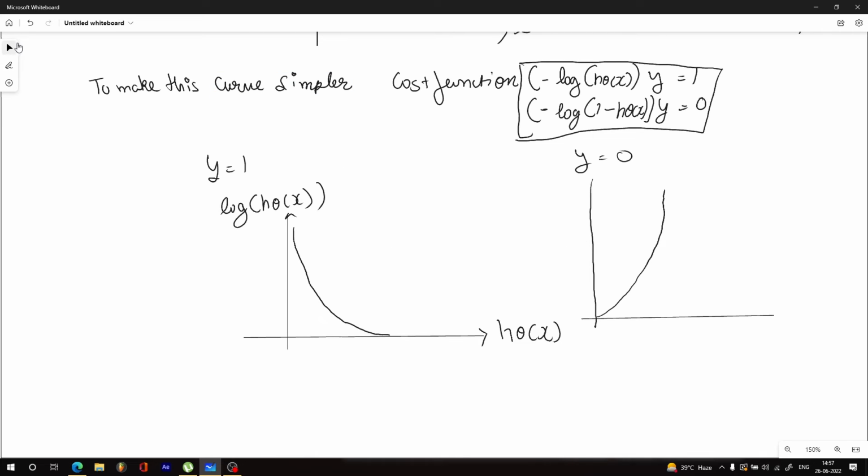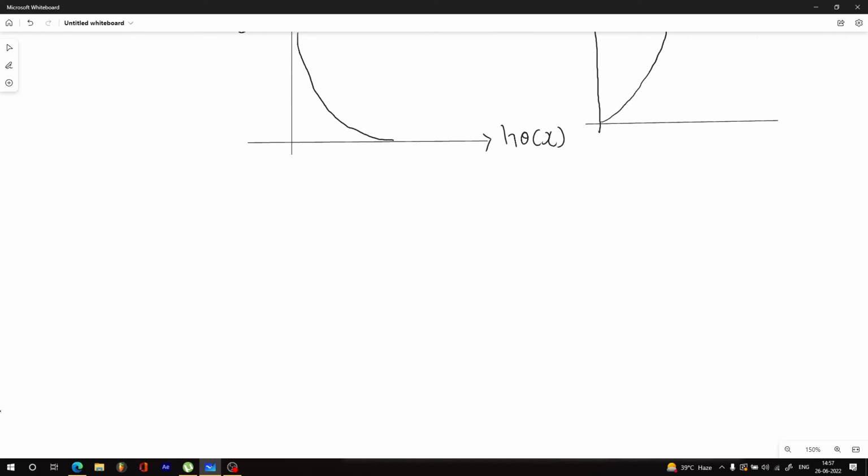After applying these values into our cost function equation, our cost function will look somewhat like this.